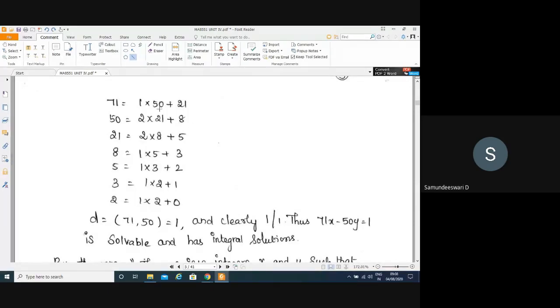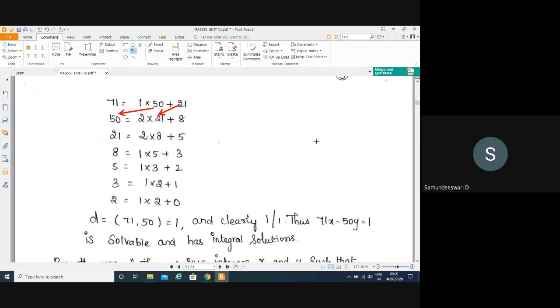Again, in this equation your divisor is 50 and the remainder is 21. So now I'm going to divide 50 by 21, dividing the divisor by the remainder. So 50 equals 2 into 21 plus 8.